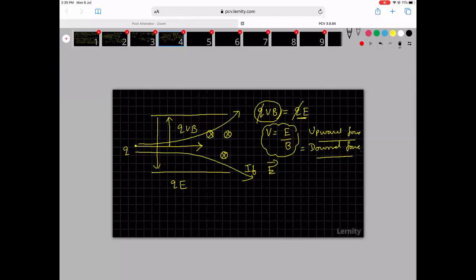That is why this is called a velocity selector. It will select and give you particles of a given velocity.